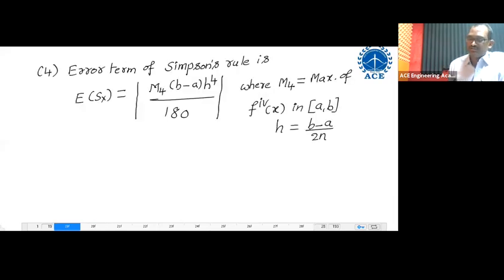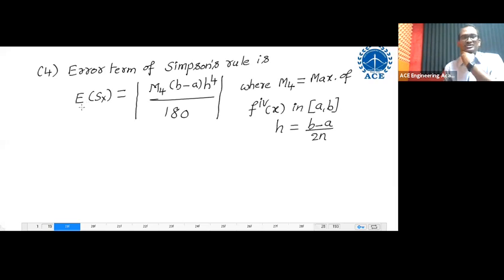Means what? If the 4th derivative of f of x is 0, then M4 is 0. M4 means the maximum of f power 4 of x. If M4 is 0, then this is 0: 0 into something is 0, 0 by something is 0. Means error value 0. Error 0 means we will get a 100% accurate answer.